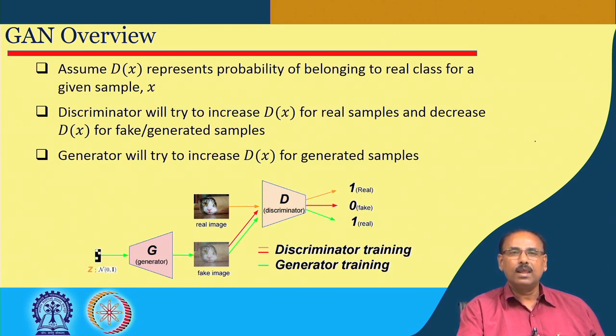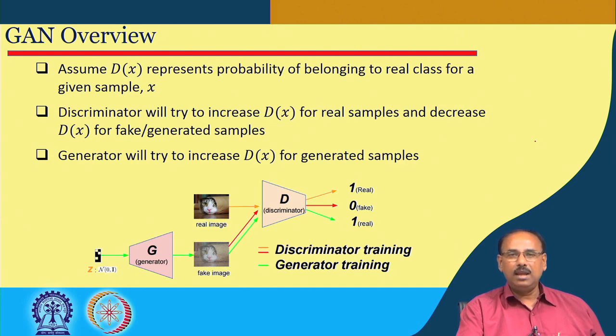In fact, let us assume that d of x represents the probability of belonging to the real class for a given sample x. The discriminator will try to increase d of x for real samples, because it wants to discriminate between the real samples and the fake or generated samples.